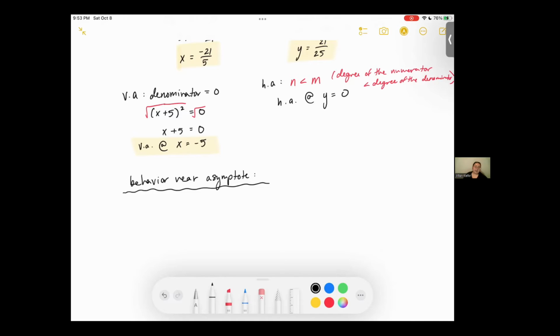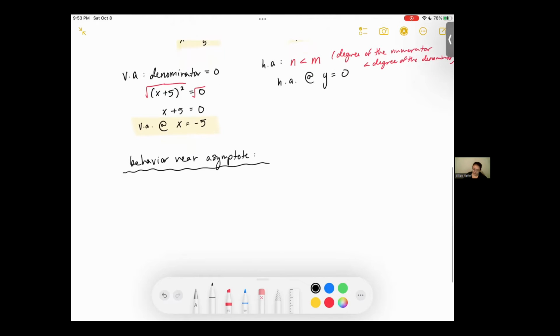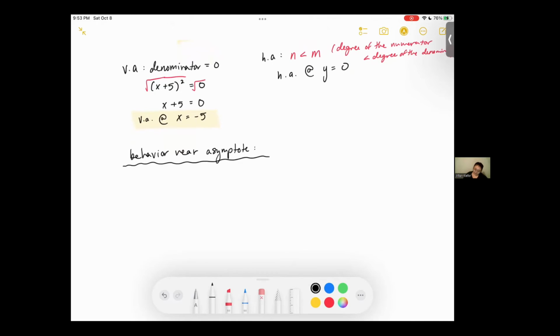The behavior near the asymptote, we're going to separate into a few separate things here. So we have, as x approaches the vertical asymptote, the sign of y is blank, we'll fill that in. That means y approaches blank.